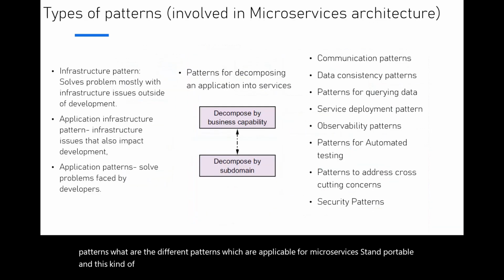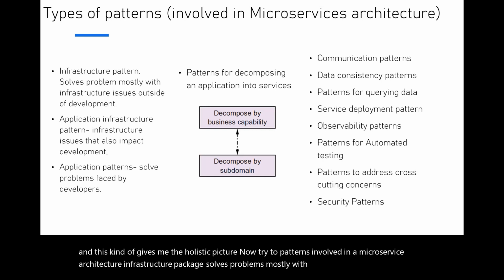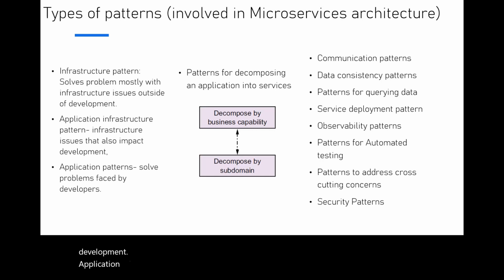This gives me the holistic picture. Now, the types of patterns involved in microservice architecture. Infrastructure patterns solve problems mostly with infrastructure issues outside of development. Application infrastructure patterns address infrastructure issues that also impact development. Application patterns solve problems faced by developers.